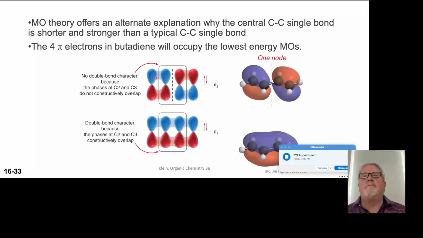So the phase, no double bond character because the phase at C2 and C3 do not constructively overlap. But we do have double bond character between the phases at C2 and C3 in the Psi1 orbital. In this case, we've named them slightly differently.